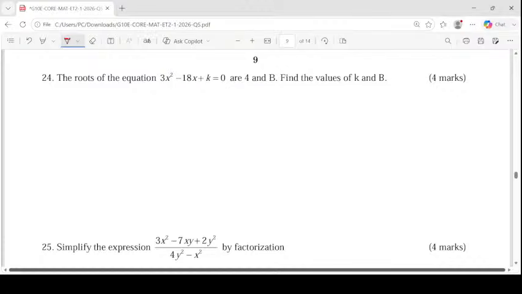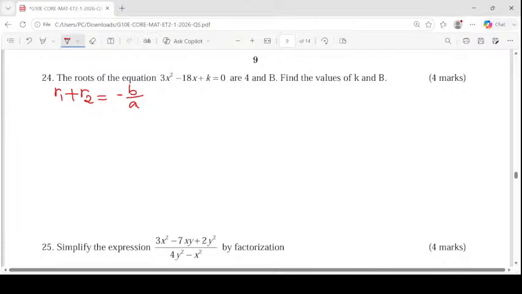If the roots are R1 and R2, I don't know if you recall, when you add your roots, the sum of the roots, root 1 plus root 2, I should be getting negative b over a.